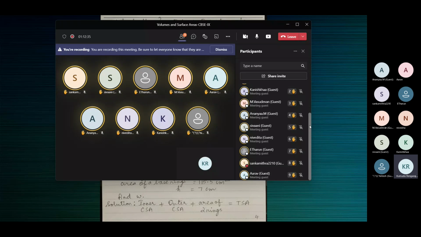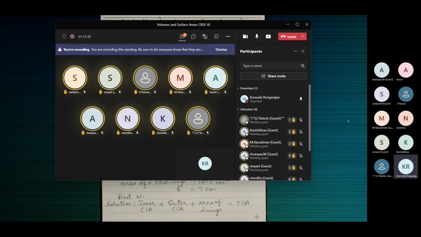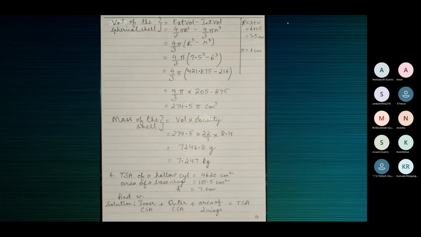Arnav, Sangamitra, Tarun, Nivedita, Shivani, Ananya, Vasudevan, Kanishka, and Hitesh. All right. Any doubts, children? No, ma'am. Okay.